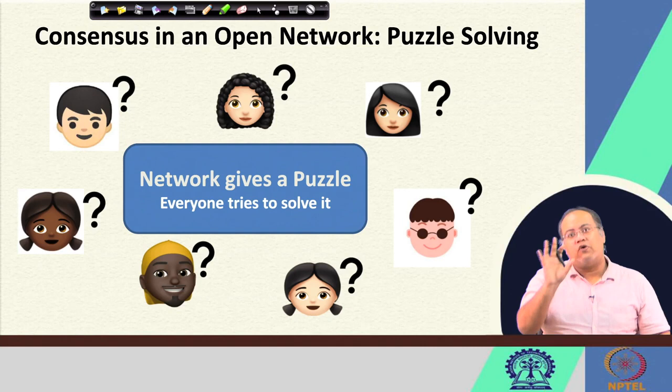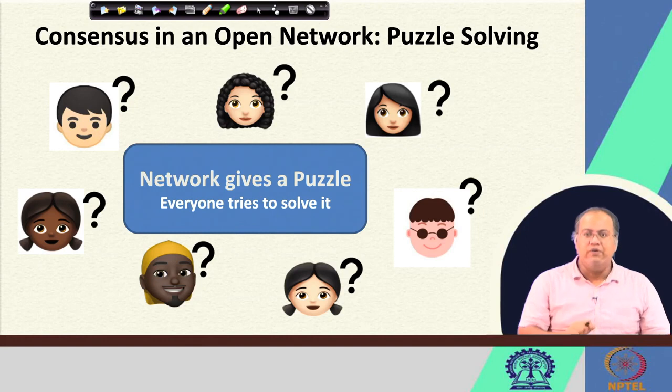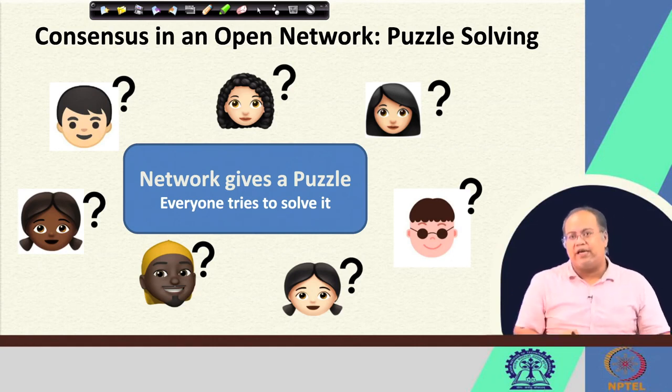The network throws up a complex puzzle, asking everyone to solve it. It is something like I have thrown a puzzle to you, and not only to you. I have said, hey, this is a puzzle, and all of you should try to solve it simultaneously.